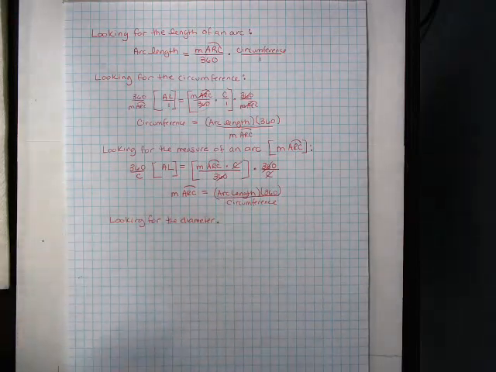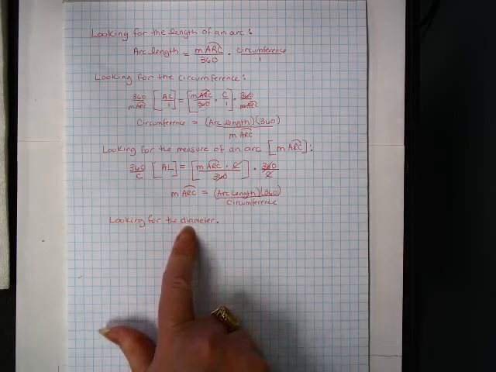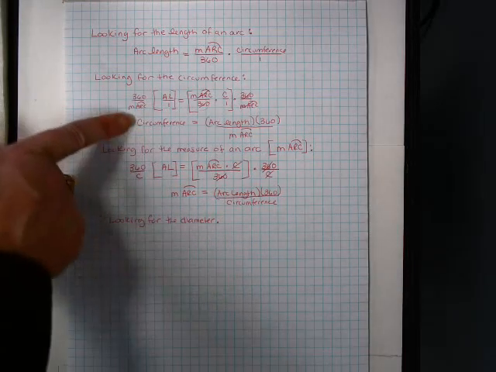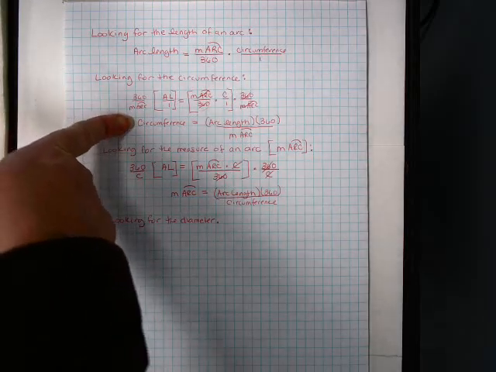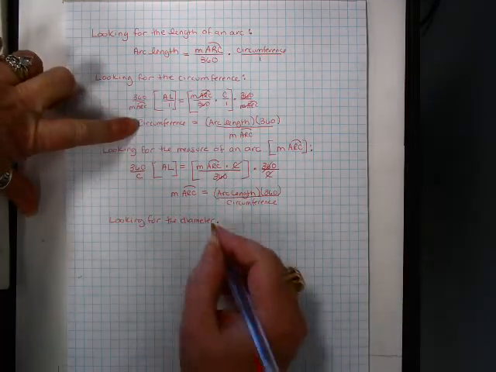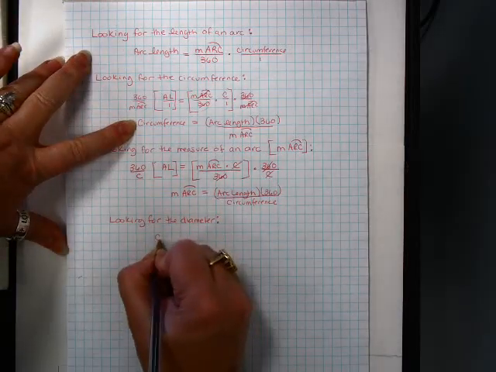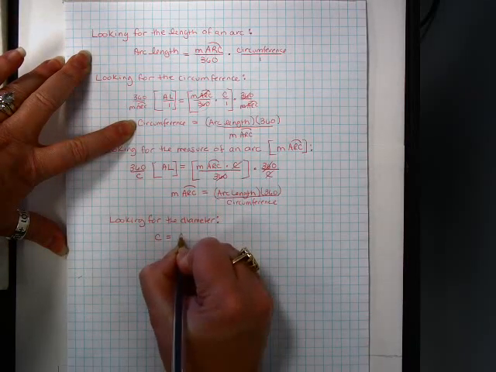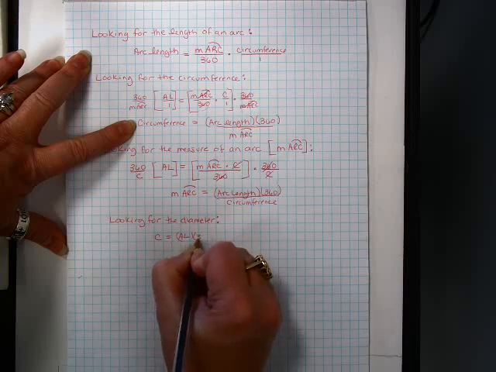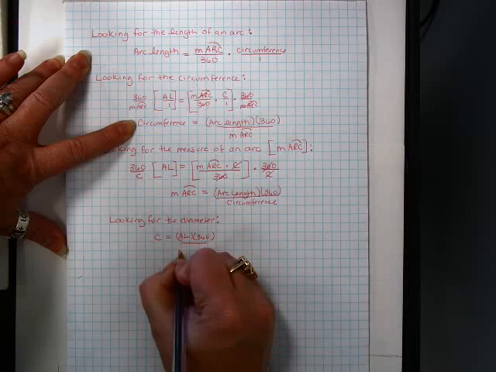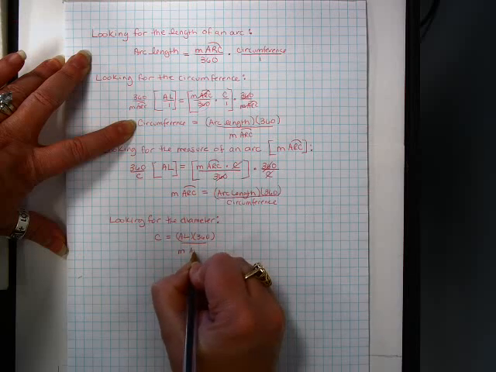Okay, well, I know that the diameter is part of the circumference of a circle, so I'm going to start here with circumference of a circle. And I'm going to put circumference is equal to arc length times 360, and that's divided by the measure of the arc.